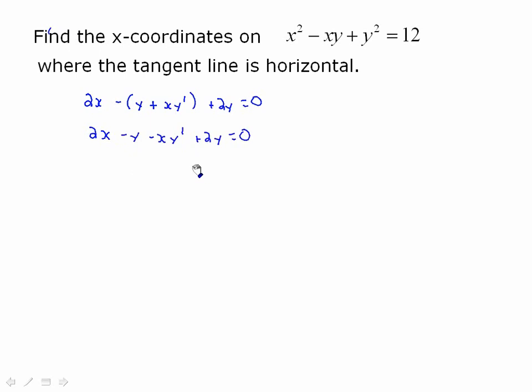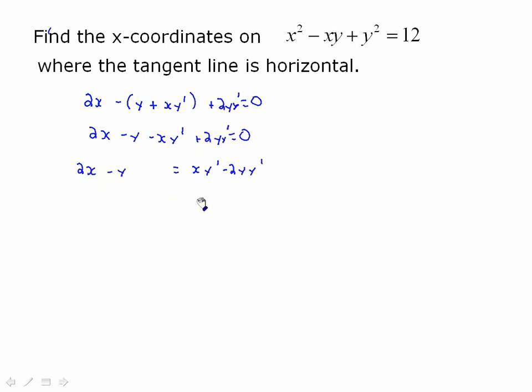So I'm going to take the xy prime to the other side, and pay attention to what I'm doing, 2y prime. Try not to go through this too quickly. So I'll take this to the other side, so minus 2y prime, so we're doing better. So pay attention, and then you'll be okay.